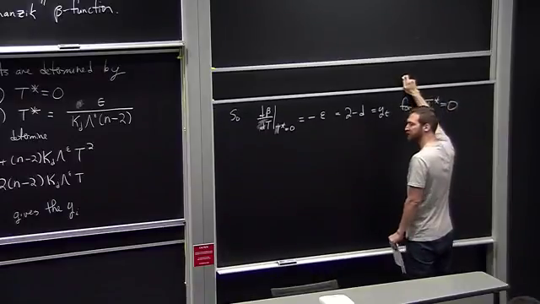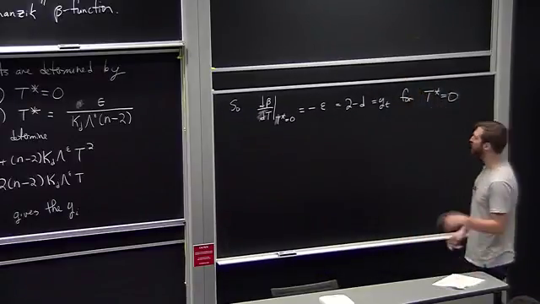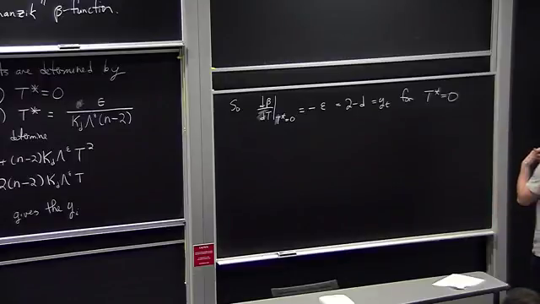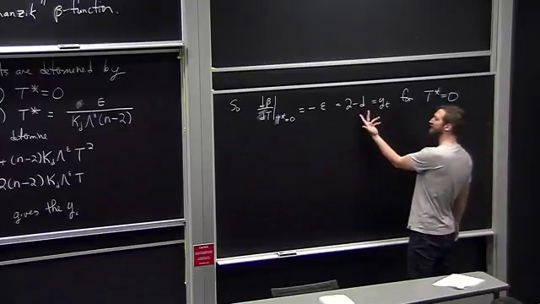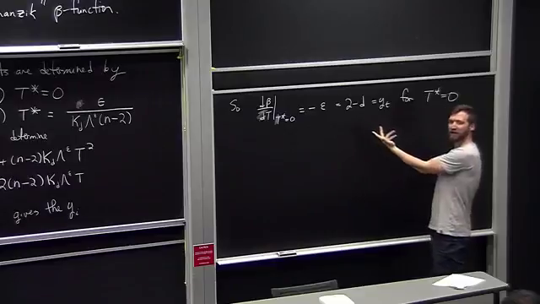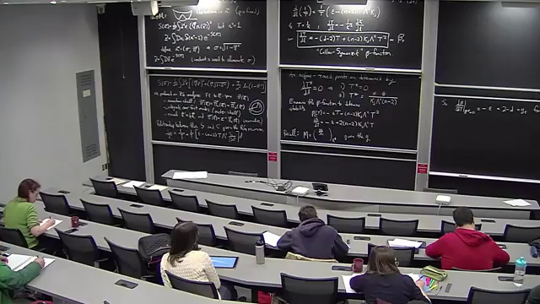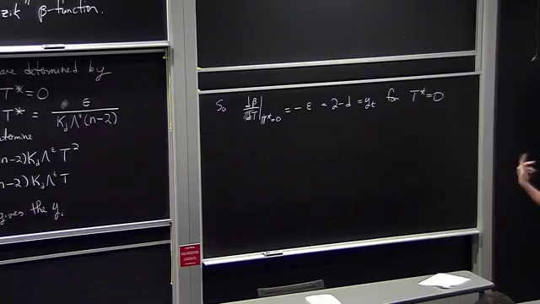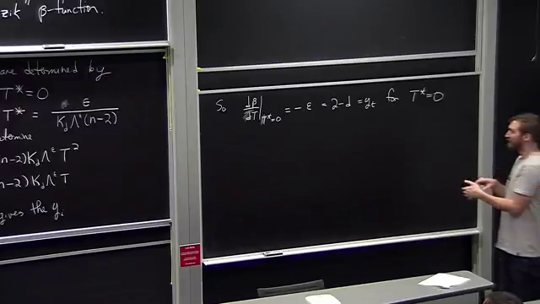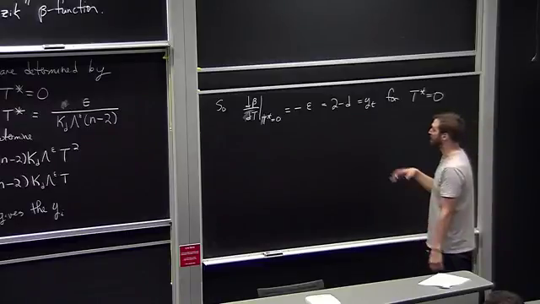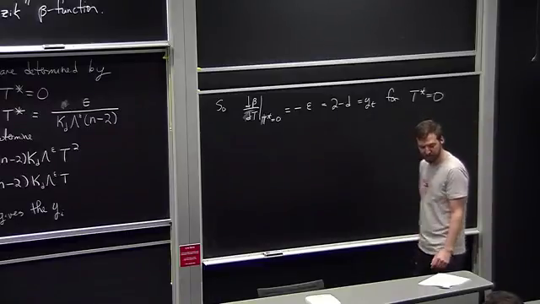So whether or not the flows are relevant or irrelevant depends on the sign. It just depends on whether d is greater than 2 or less than 2. If d is greater than 2, it's minus, so it's irrelevant. It means that fixed point is stable. And if it's less than 2, it's positive, so it's relevant.